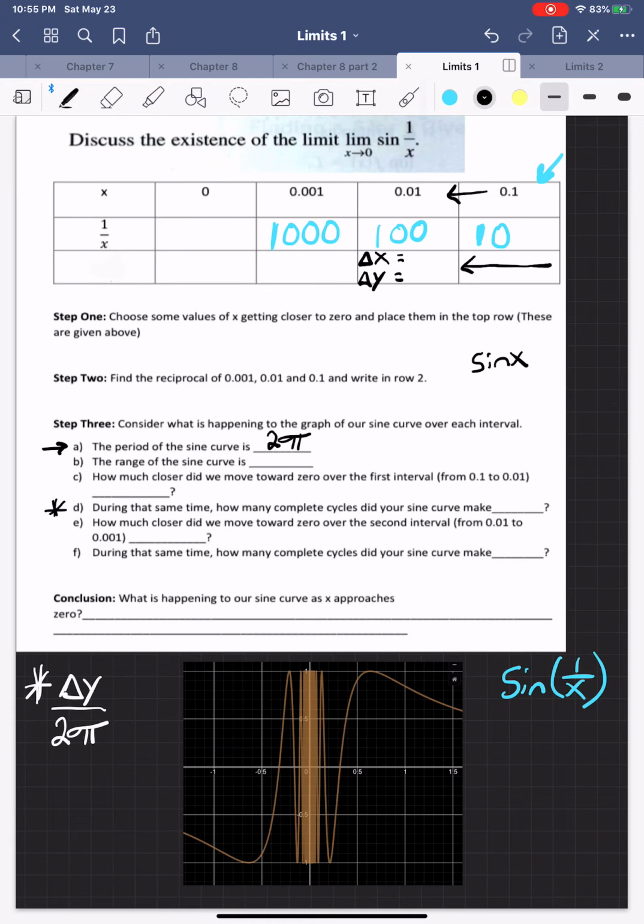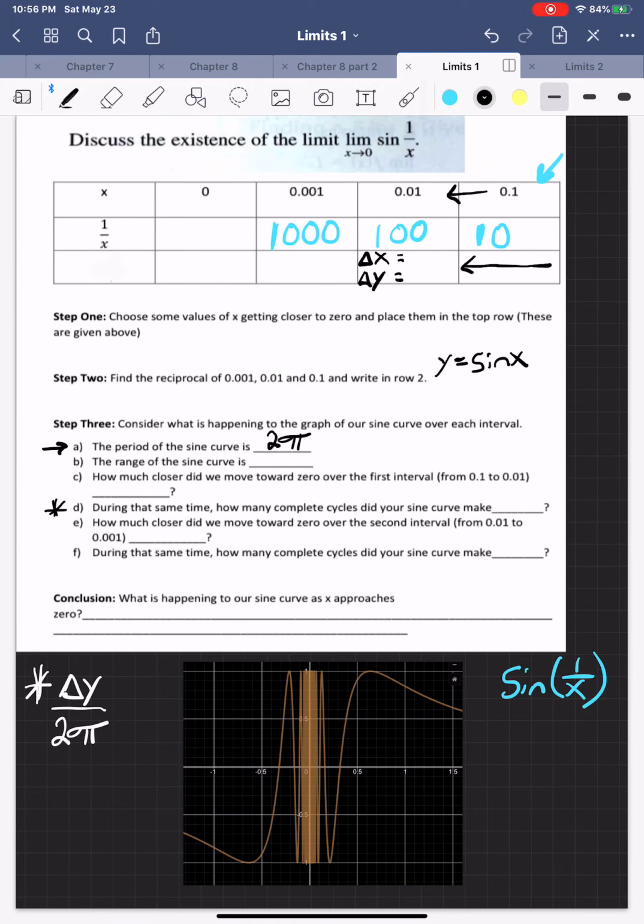It means it takes a length of 2 pi for your sine curve to complete one cycle. After it's gone from, say, 0 to 2 pi, the graph starts over all over again. What about the range of your sine curve? Just regular y equals sine of x. What is the smallest value you ever get out of sine?